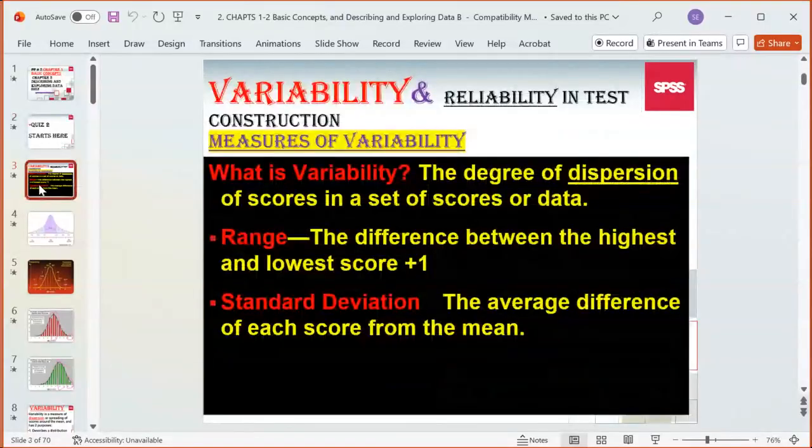So we're going to talk about variability and reliability in test construction briefly, because this chapter is about variance.